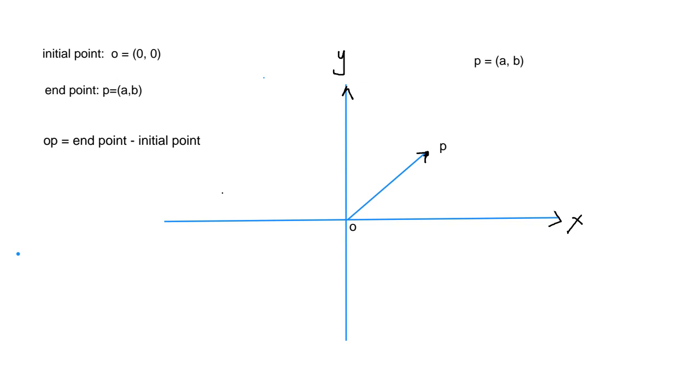We subtract component-wise. For the endpoint A, comma B, the first component is A, the second component is B. For the initial point, the first component is 0, the second component is 0. We call the X value the first component, the Y value the second component.